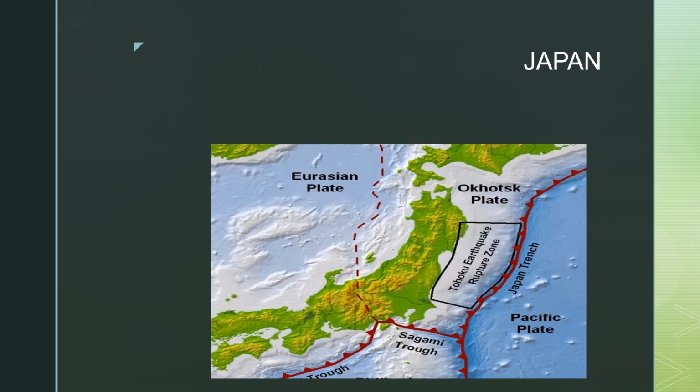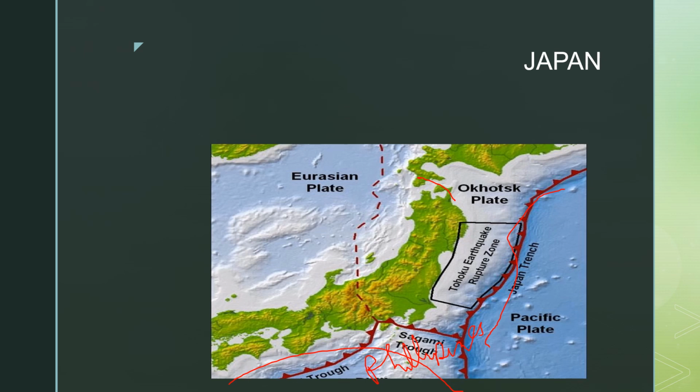An example is how Japan formed. So this Pacific plate is an oceanic plate, and this Okhotsk plate is also an oceanic plate. Here we also have the Philippine Sea plate. So the Philippine Sea plate also goes down here.